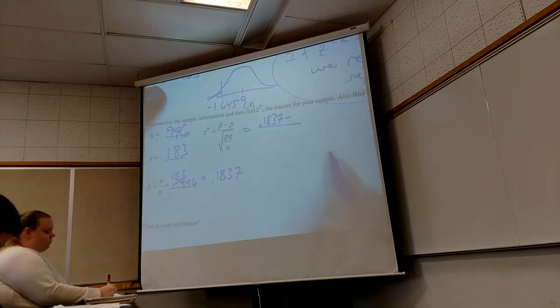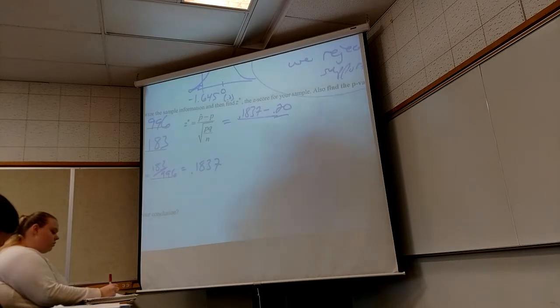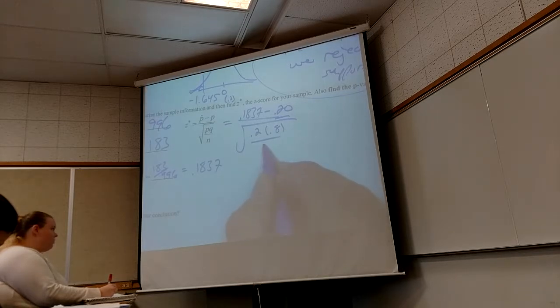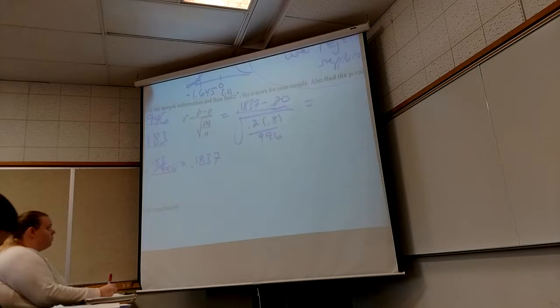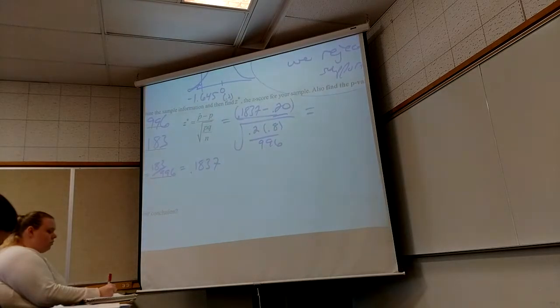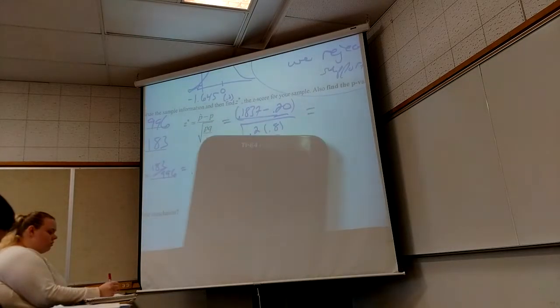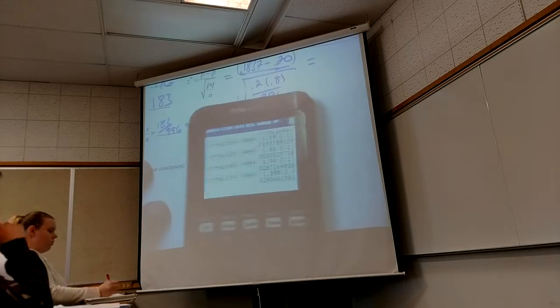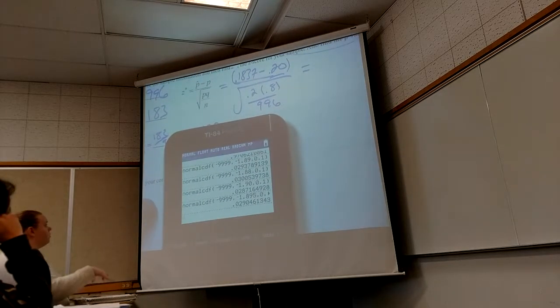0.1837 minus the middle that we assume to be 0.2, divided by the square root of 0.2 times 0.8 over 996. Now this is where you can get a lot of interesting calculator errors. The best way to do any of these problems is to put the whole thing in at once.